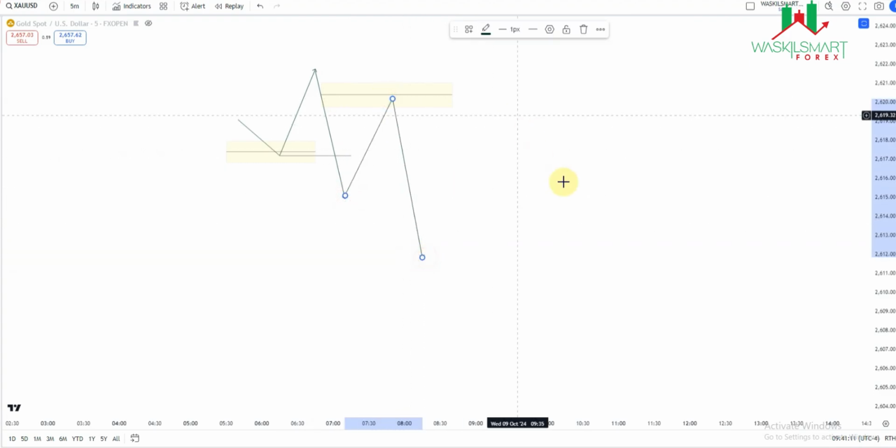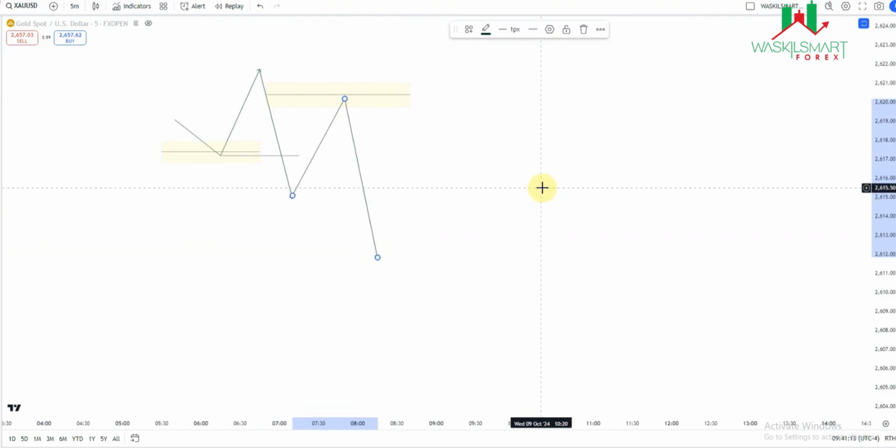Then because it is intraday, that is why I always tell people to use a 1 to 2 risk reward ratio, or you can find where there's an internal liquidity. You have to understand all this internal and external liquidity. Not every time you are going to target an external.